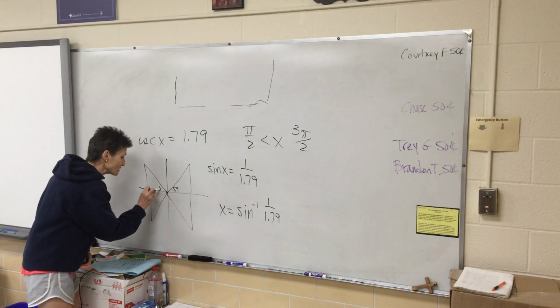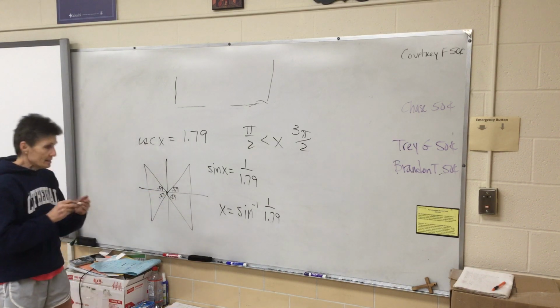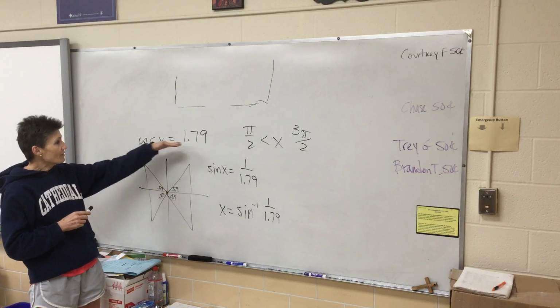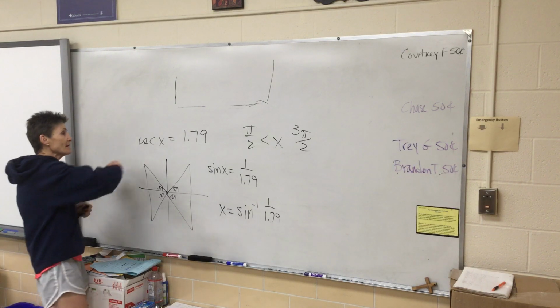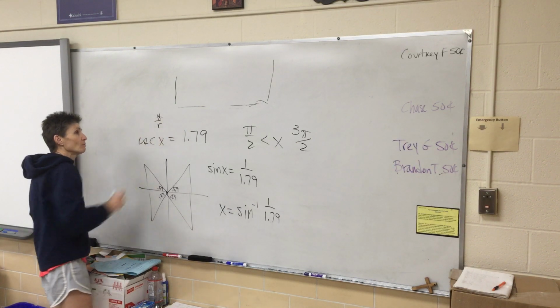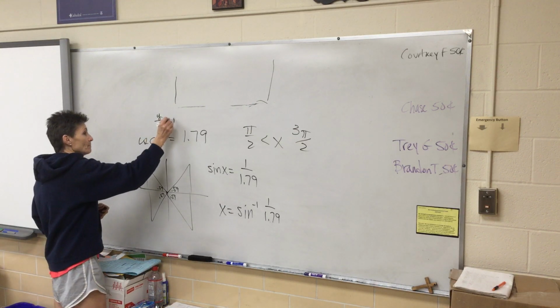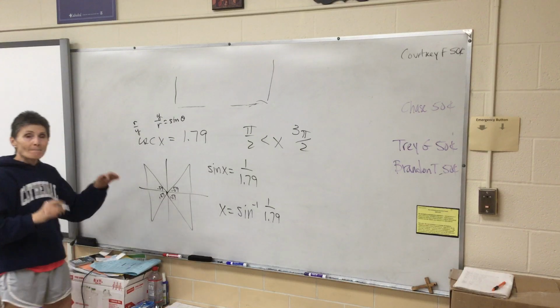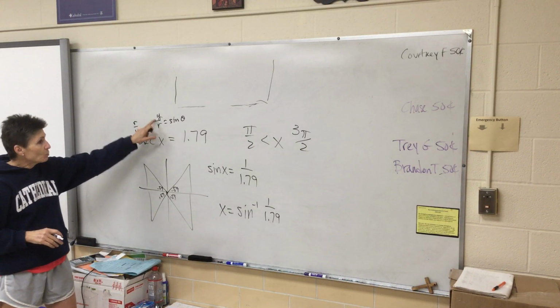Now, all of these are 0.59s, okay? Now, I need to consider only triangles that have a positive sine. So keeping in mind that sine is y over r, then cosecant is r over y, but either way, I'm looking at y. And I need y to be positive.